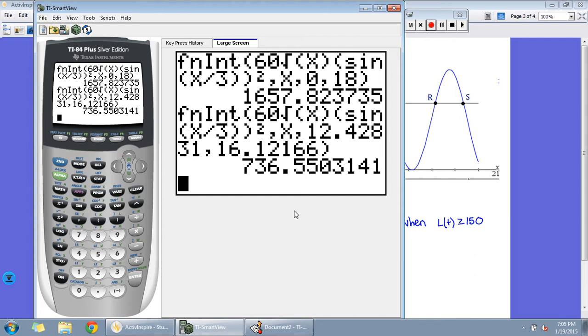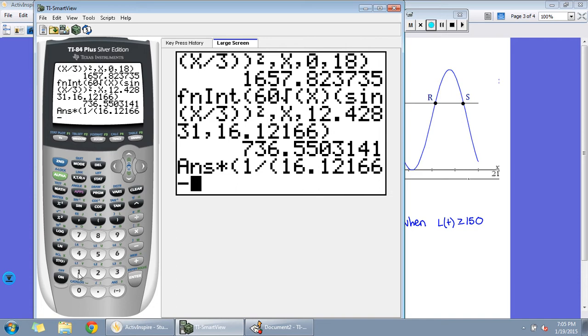And we get this. Now, we're not quite there because we need the average value, so we're going to multiply this by 1 divided by b minus a. 12.166 minus 12.42831.